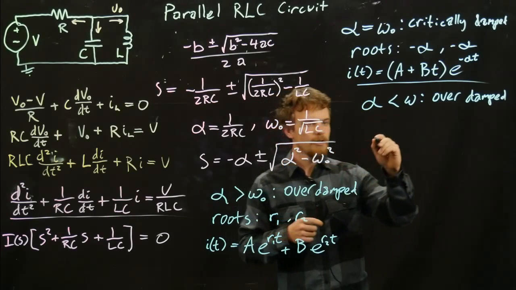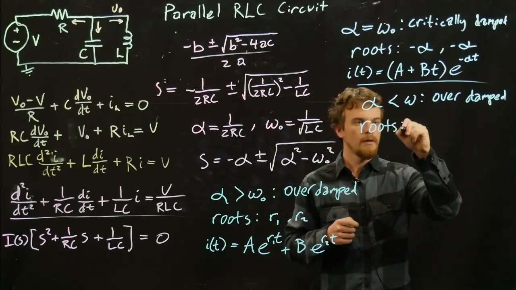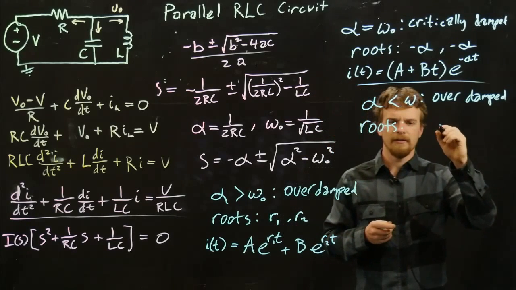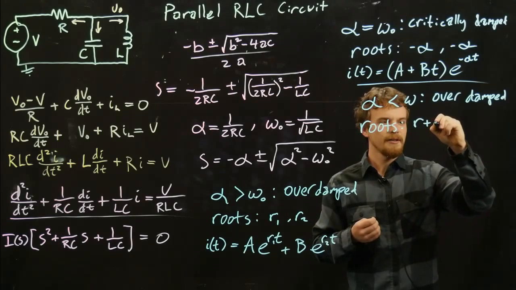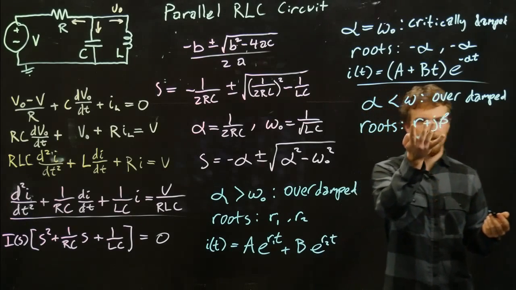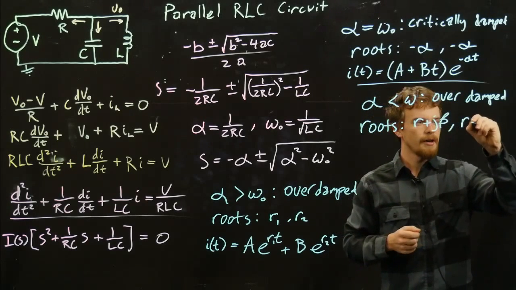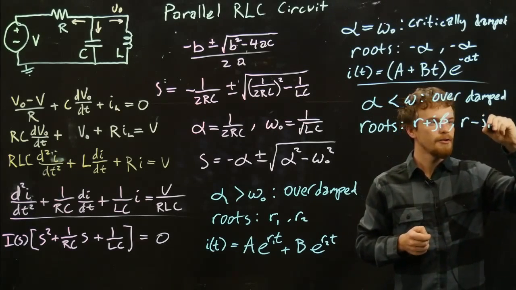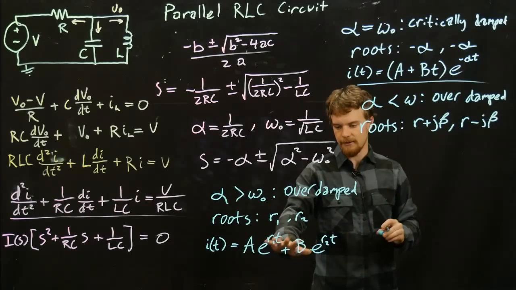So our roots will have the form, let's call it, we'll have a root at r plus j beta. We don't know the exact values of these, but these are the types of numbers you're going to get, and we'll have r minus j beta. So the same principle holds.